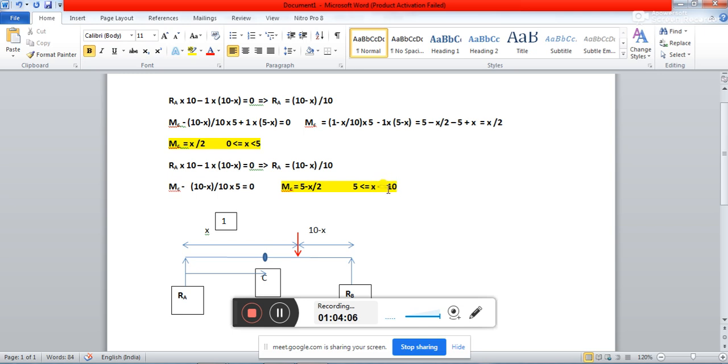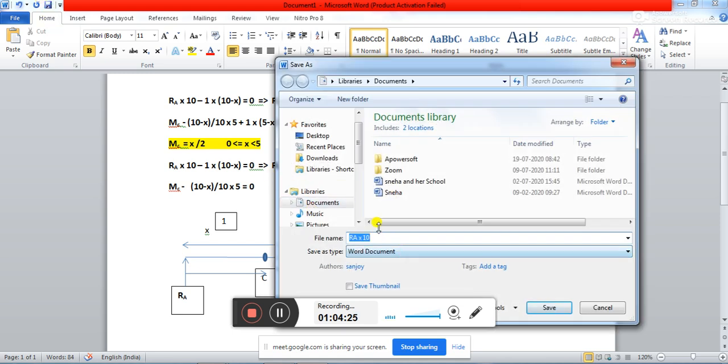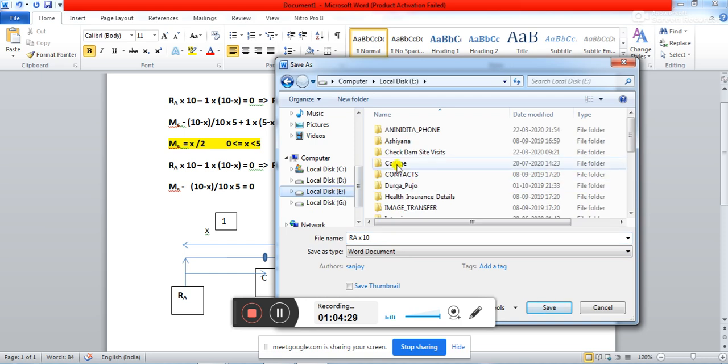So actually you get two separate equations of straight line, and you will have to plot your influence line using these two equations. In the next class, we will be discussing how to plot these different equations of straight line. Okay, is it clear? If you have any question, please ask.